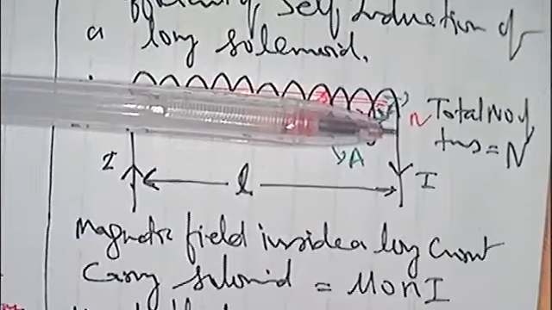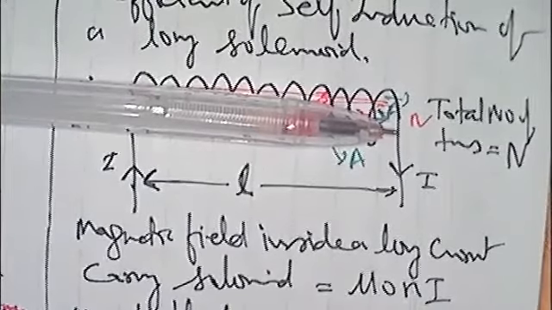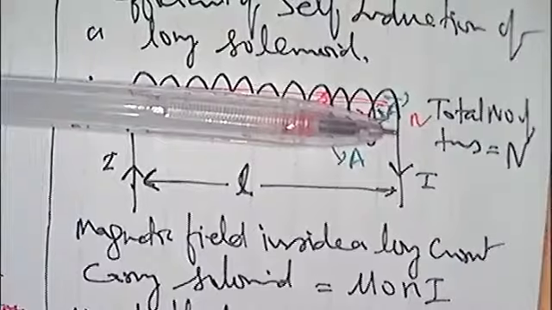ये आपका magnetic field है. This is the direction of magnetic field. And this, my hand, consider my hand is one loop. This is one loop.